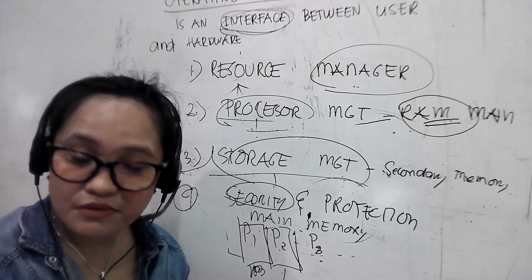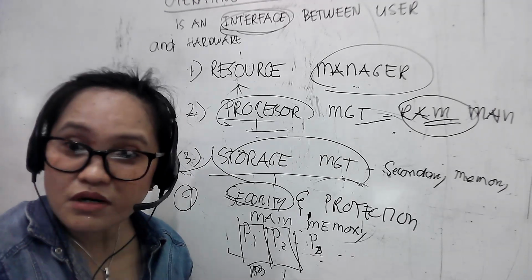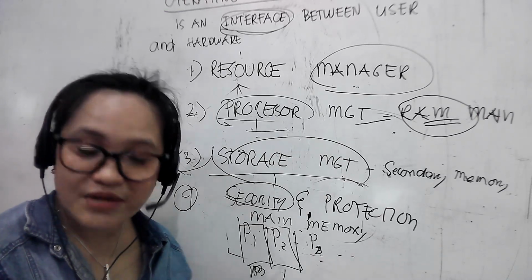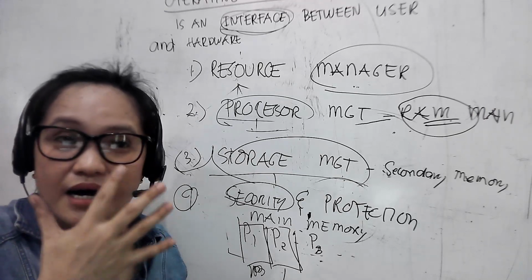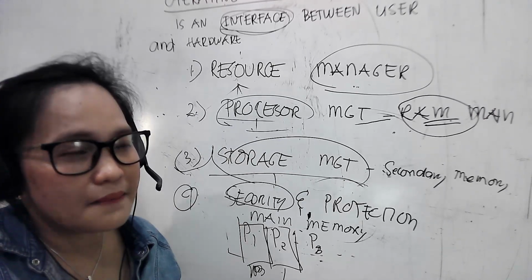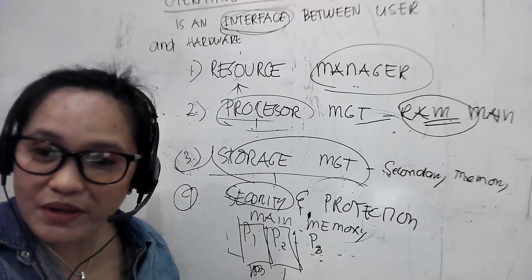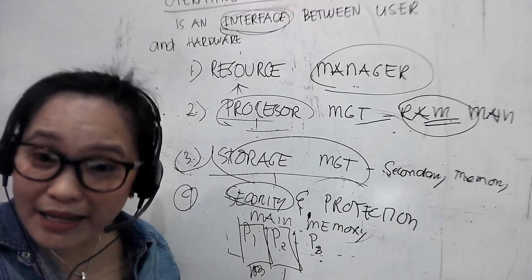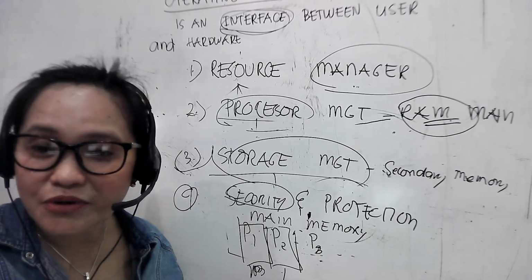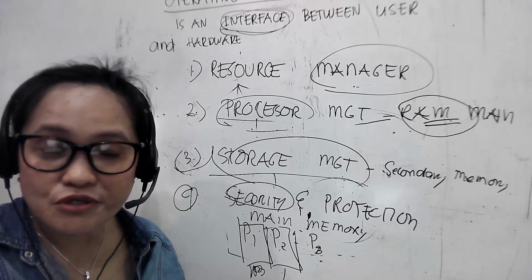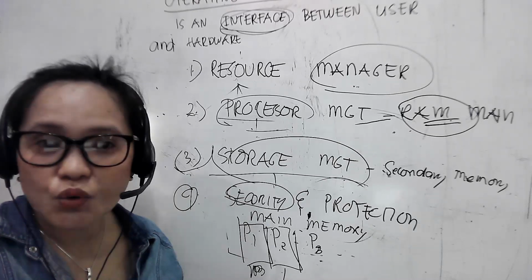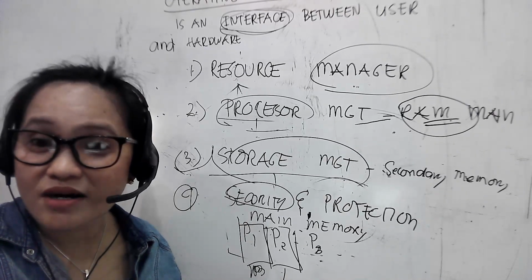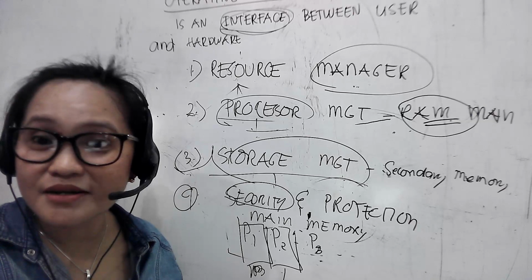Although this is quite easy to understand, as long as you focus that an operating system is the one that helps operate your computer hardware, and it also gives a platform for your application software to run. So meaning it is actually the heart of the computer.